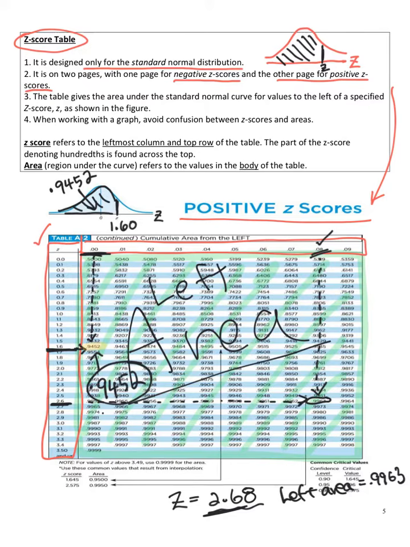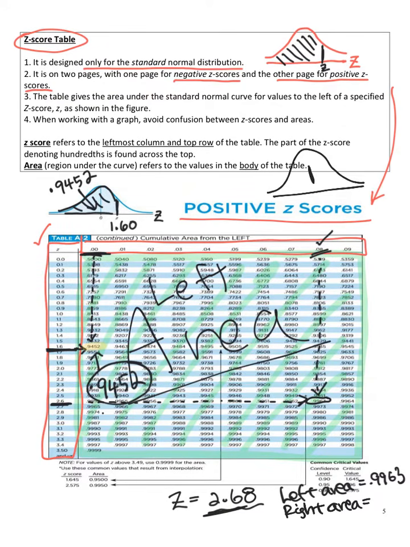Now let me challenge you with this one. What if we want to find the area to the right of z equals 2.68? Then what would you do? Well, this z-score table gives us only the left area of a specific z-score. It doesn't give us the area to the right. But we know that the total area under the curve is 1.